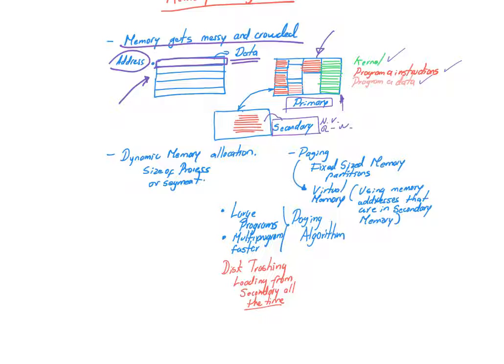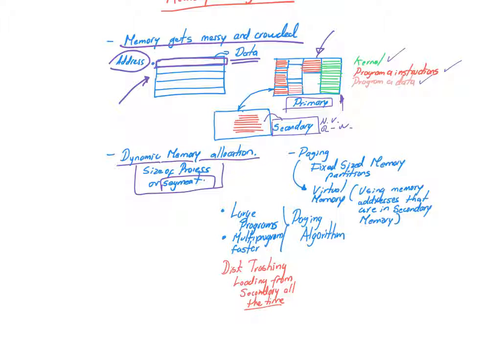There are two main ways. One is the allocation of memory in a dynamic way, and that means that I'm going to start looking at the programs and the processes and check how big they are, and then I'm going to assign that space to the whole program or a segment of a program.